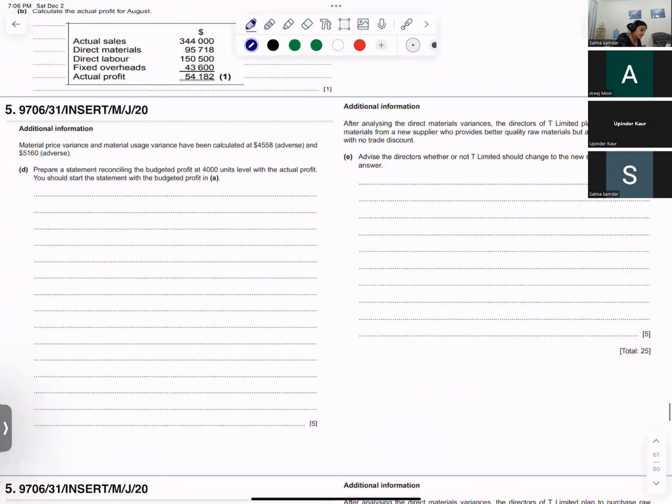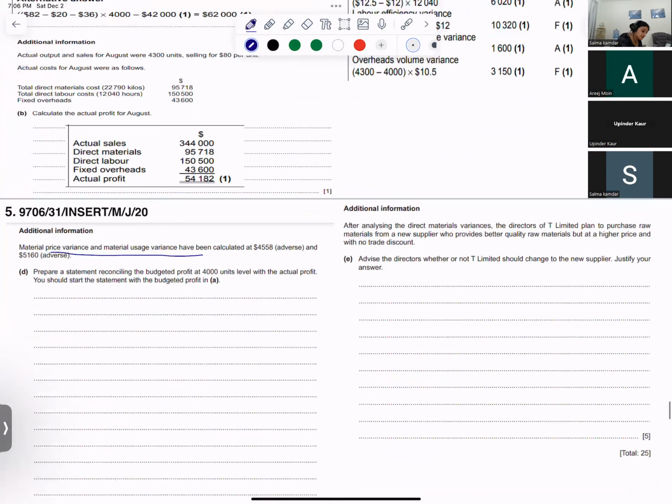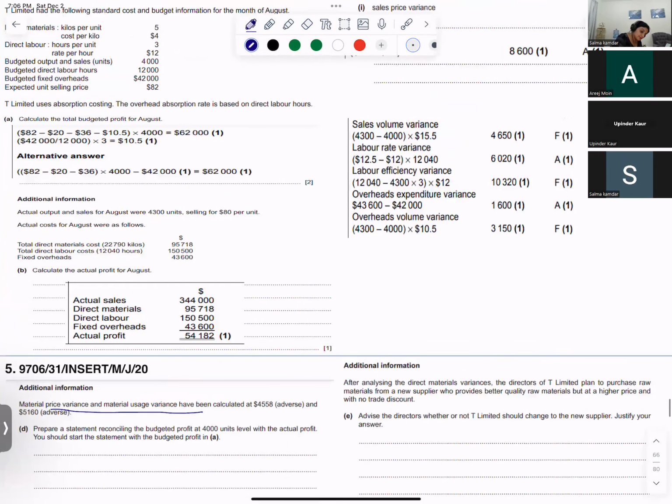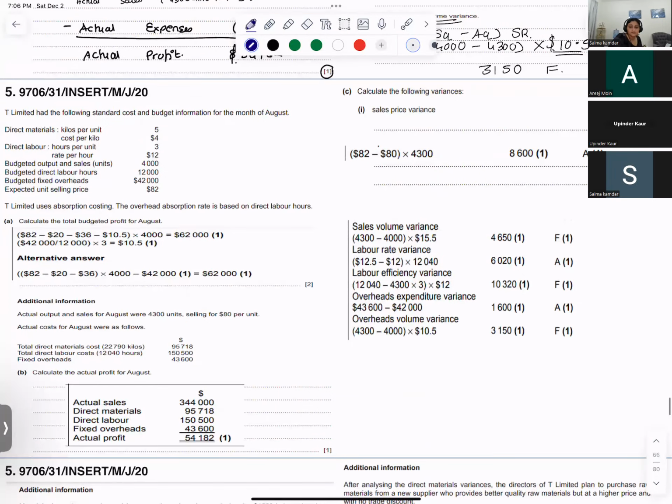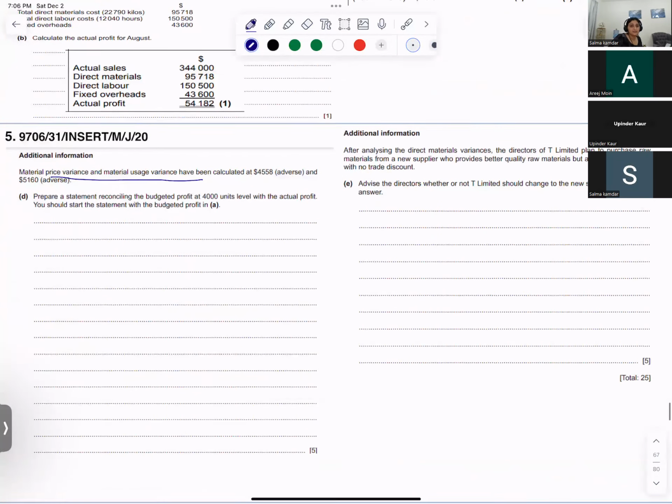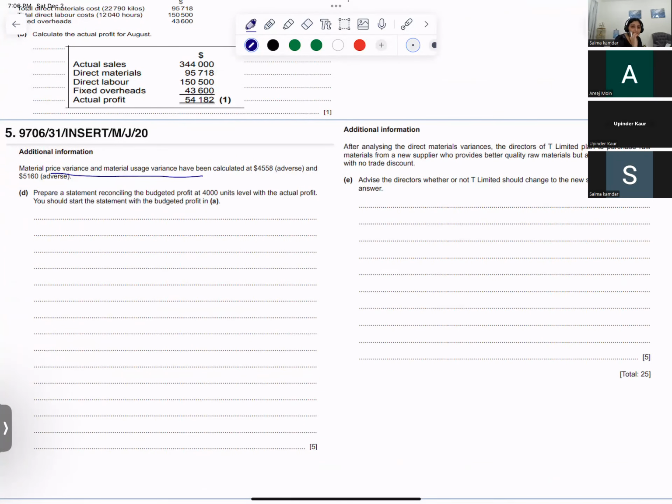Come on, material price variance. Can you read this question for me, please? Material price variance and material usage variance have been calculated at 4,558 adverse and 5,160 adverse.